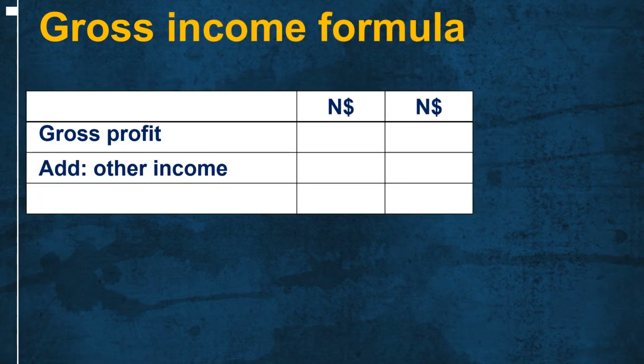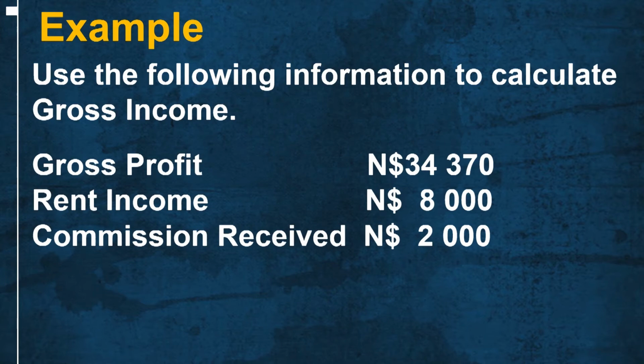To calculate gross income, we will take gross profit, add other incomes. Example, let us use the following information to calculate gross income. Gross profit 34,370 Namibian dollars. Rent income 8,000 Namibian dollars. Commission received 2,000 Namibian dollars.